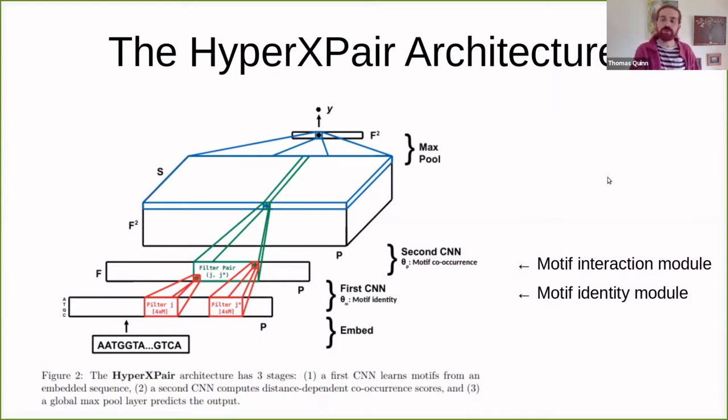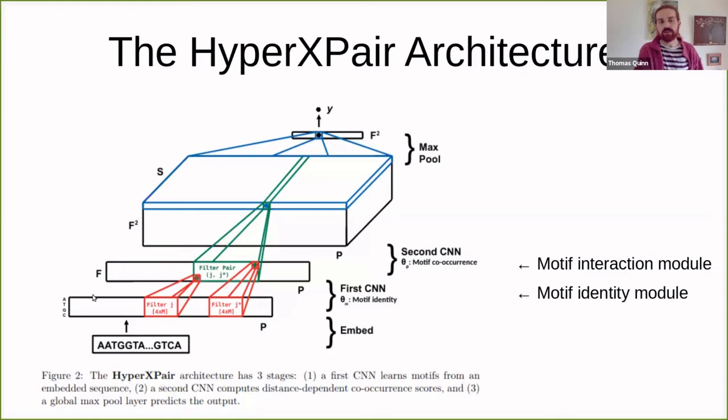This figure shows a schematic of a HyperXPair architecture. The input is the DNA sequence or RNA sequence, which we one-hot encode like we showed in the figure before. We then pass that one-hot encoding through an initial convolutional neural network, which can learn the motifs through filter weights.